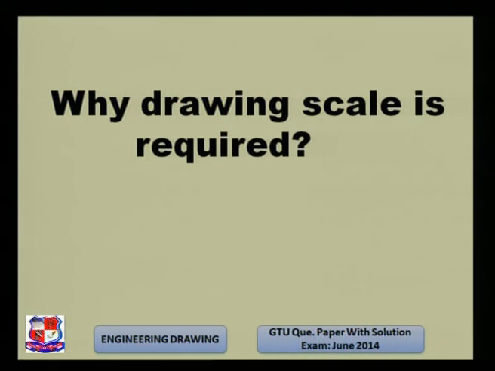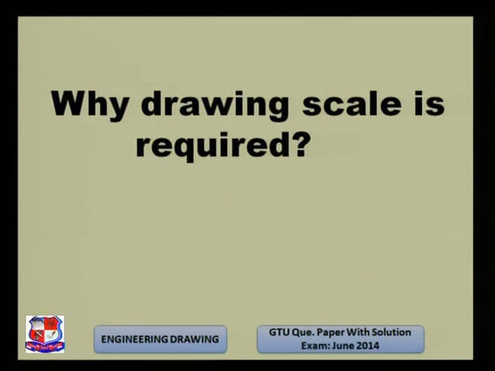The next question says: why is a drawing scale required? I have checked so many question papers, as I need to assess them. In this very latest paper, most of the students made the mistake.